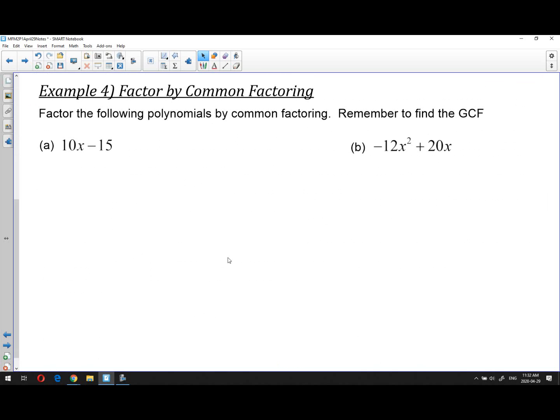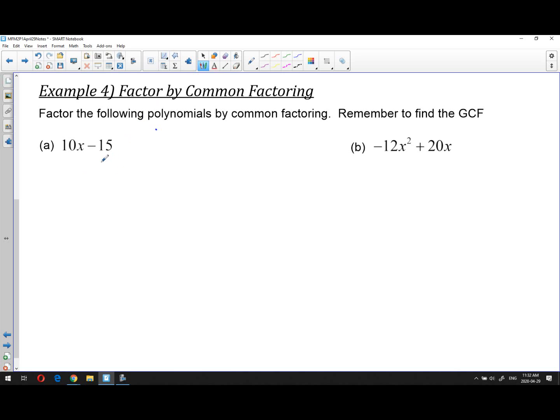Example 4a. What we want to do here is factor the following polynomials by common factoring. I'm not going to write out all the factors. Instead, we'll look at these two terms, 10x and negative 15, and ask ourselves, what's the largest number that we can divide both of these by? 10 is divisible by 2, but 15 is not, so 2's out. 3, 10 is not divisible by 3, 15 is, 3's out.